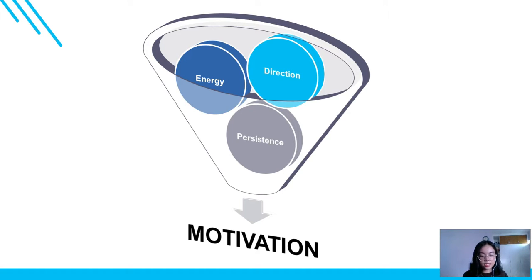Effort directed toward and consistent with organizational goals is the kind of effort that we want from employees. And the last element of motivation is persistence. So we want employees to persist in putting forth effort to achieve those goals.